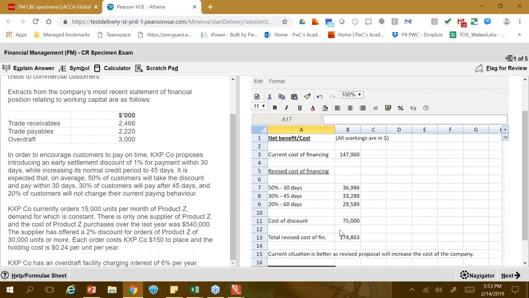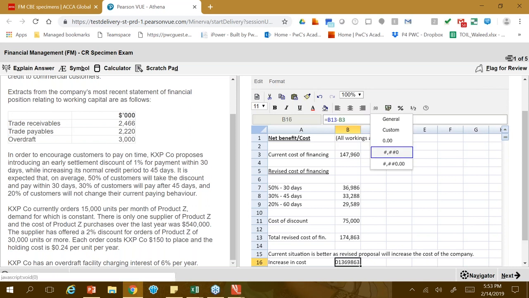And we can work out that increase in cost. An increase in cost is B13 minus B3. And that's it. So this is what we had to do here. The increase in cost is 26,903.